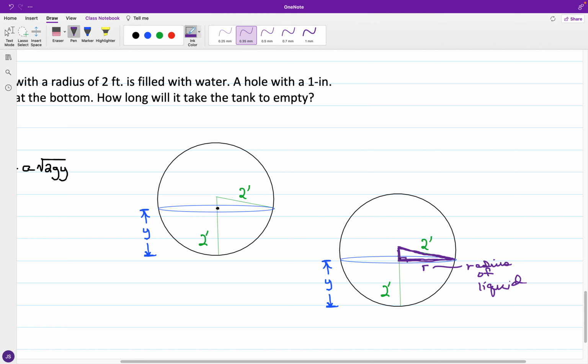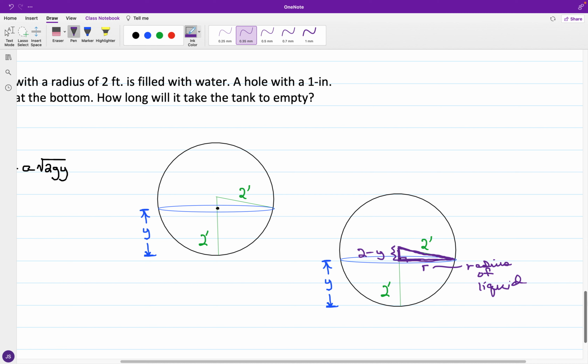And since I have it positioned where the middle of the tank is above the liquid level, we'll just say that the difference between the middle section of the tank and where the liquid level is is going to be 2 minus y. But if the liquid level happened to be above, we would have y minus 2.